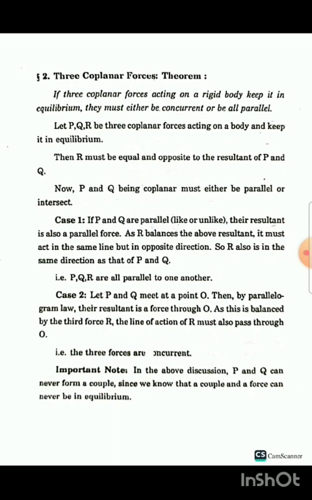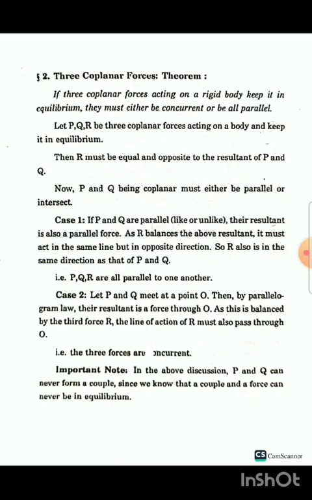As R balances the above resultant, it must act in the same line but in the opposite direction. So if P and Q act in the same direction, the resultant also acts in the same direction as the forces P and Q. Therefore, the three forces P, Q, R are all parallel to one another.